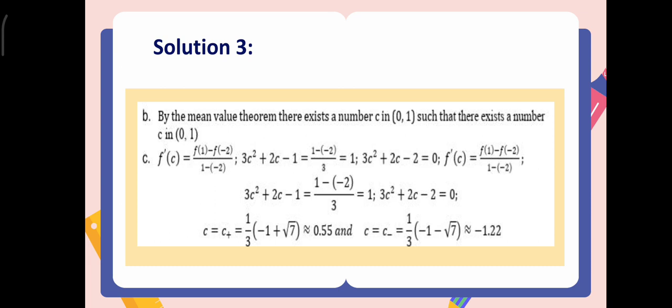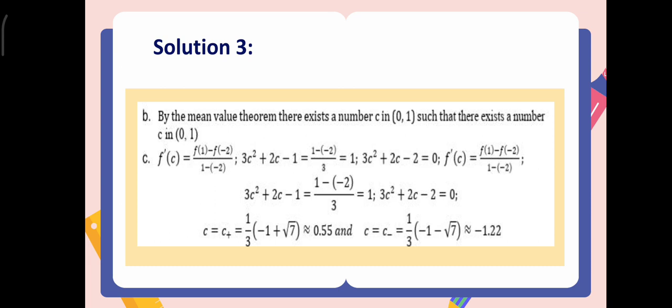So let us find the value of c. What is the mean value theorem again? The mean value theorem states that f'(c) = (f(b) - f(a)) / (b - a). So let us use that formula.